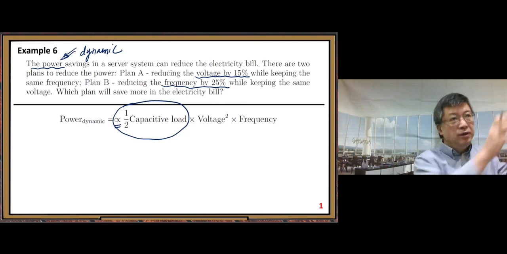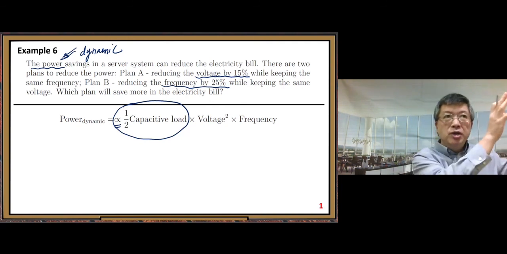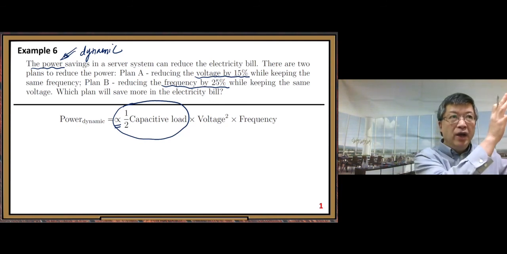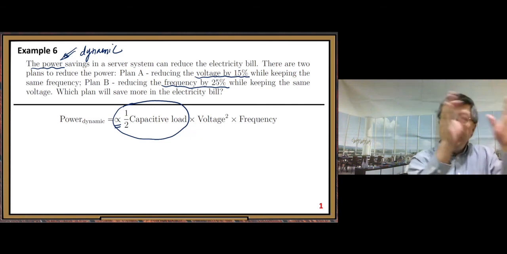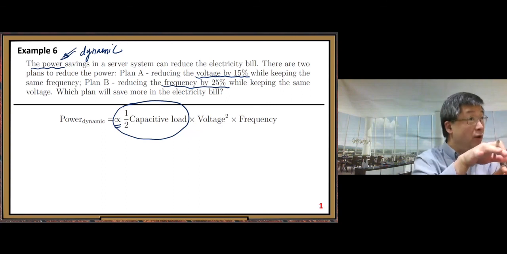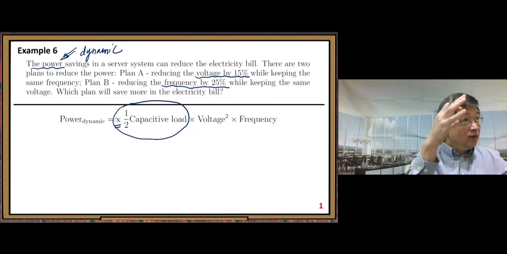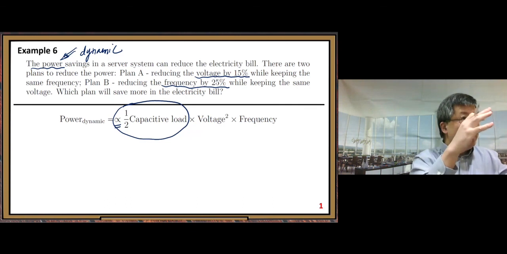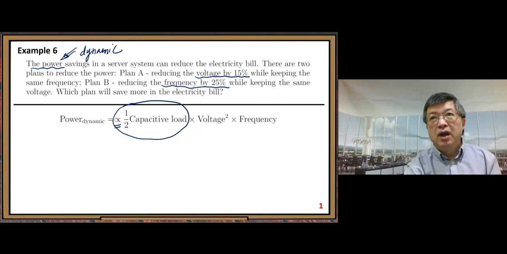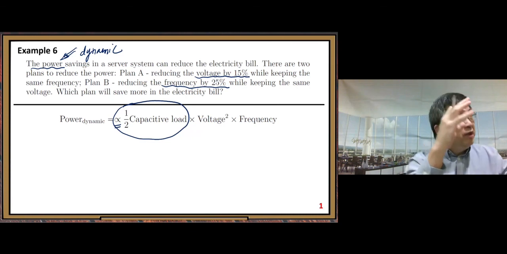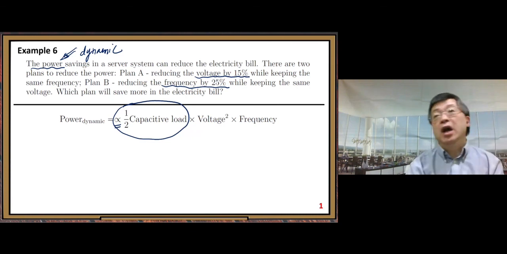Old CPU, new CPU. The old CPU usually consumed more dynamic power. And the new CPU consumed much less dynamic power. But if you compare the processing work they can do, the new CPU can even do more than the old CPU, right?